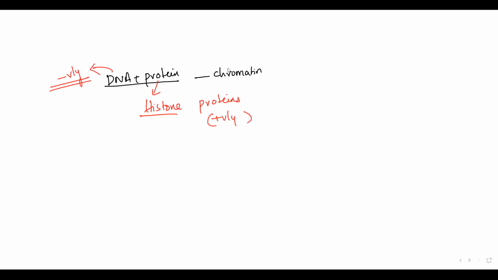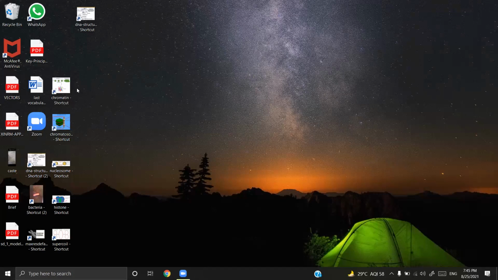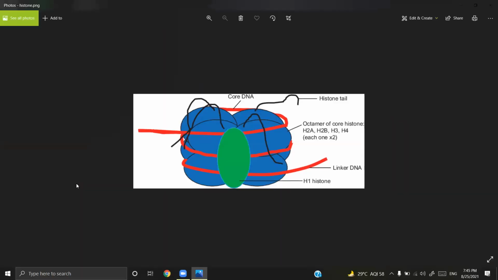Let me share my screen with you all to show this process of coiling. Okay, children, let me go to the histone proteins. There are different types of histone proteins here.